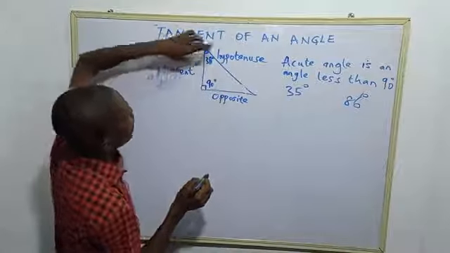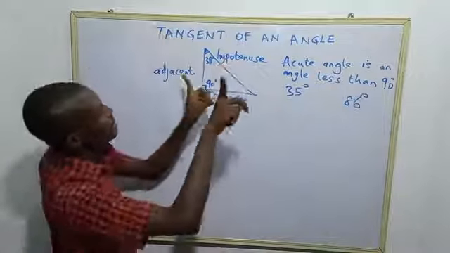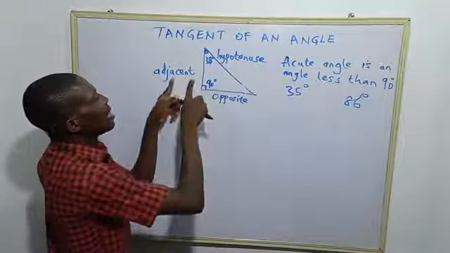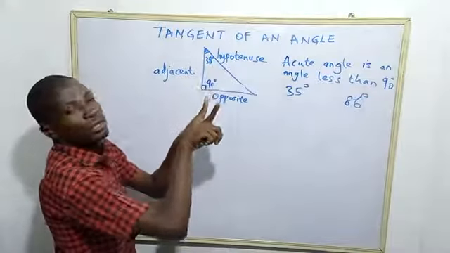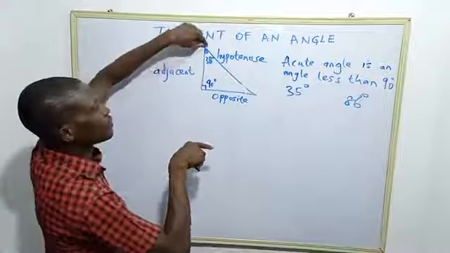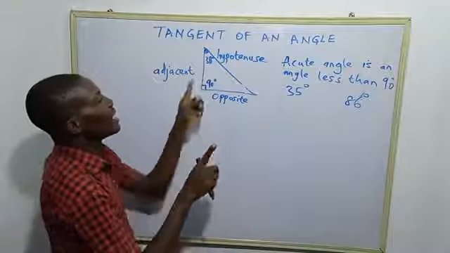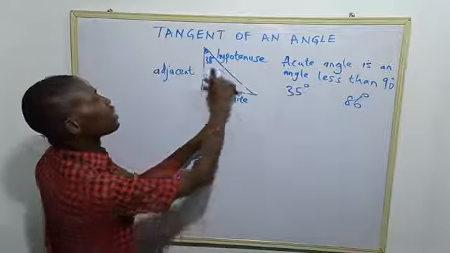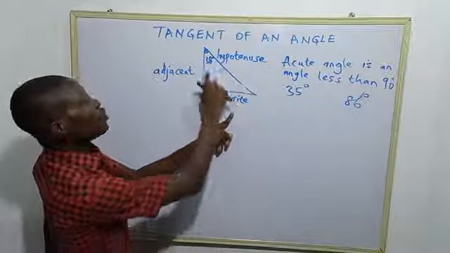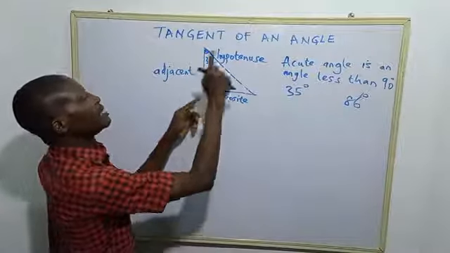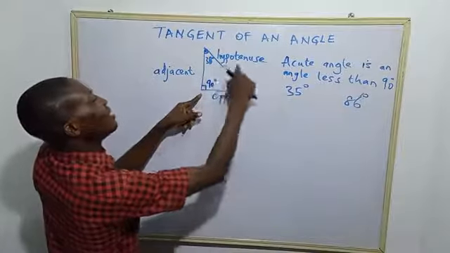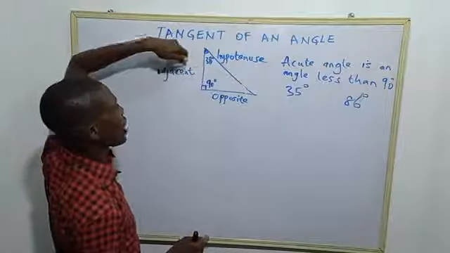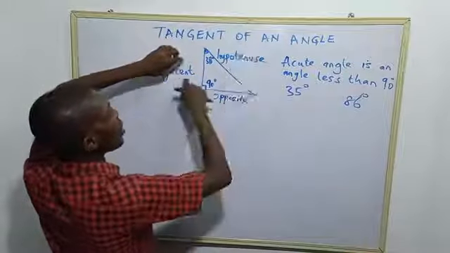What I mean by that is that any side that forms the acute angle with the hypotenuse, that side is adjacent, while the side facing the acute angle, we call it the opposite of the acute angle. The side that is facing 90 degree is the hypotenuse, and they may not write it in full as you are having it. They can shorten all these.